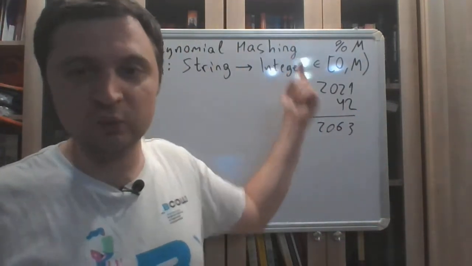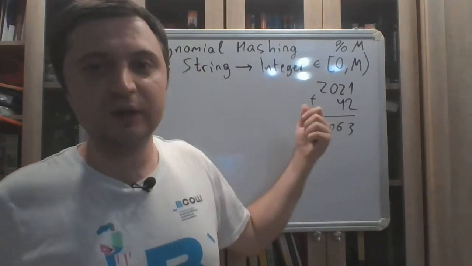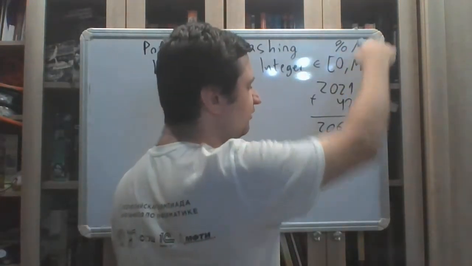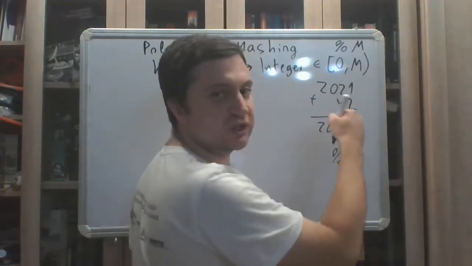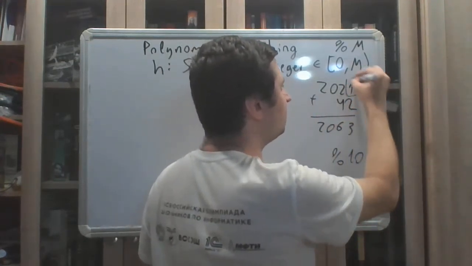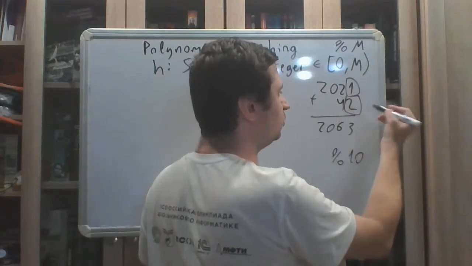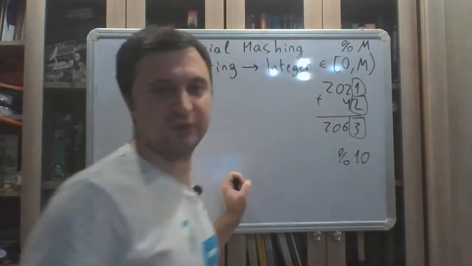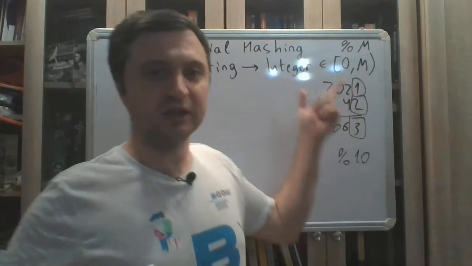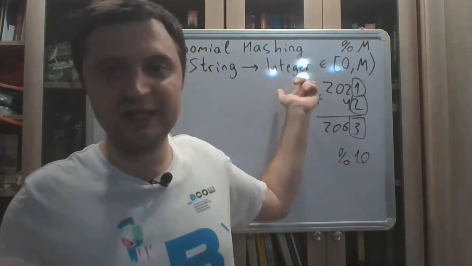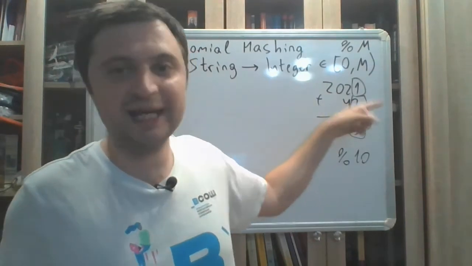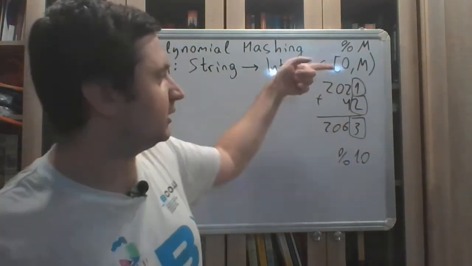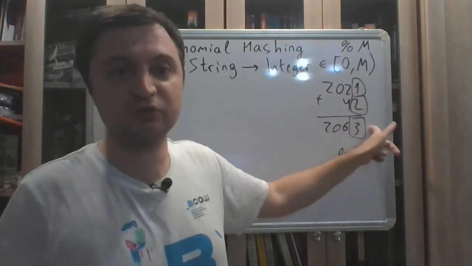But when working with large numbers, you can do the modular arithmetics by modulo 10 and say that the first number was simply a 1, the second number was simply a 2, and the third number was simply a 3. So in modular arithmetics, all the numbers that end with 1 are mapped to a 1, all the numbers that end with 2 are mapped to a 2, and the sum of 1 and 2 is 3.